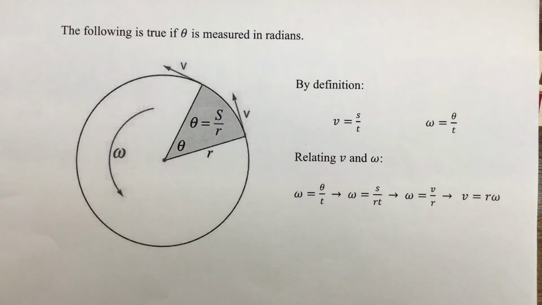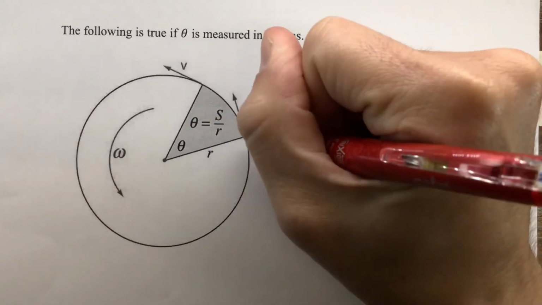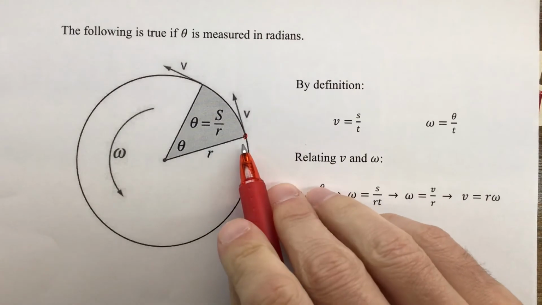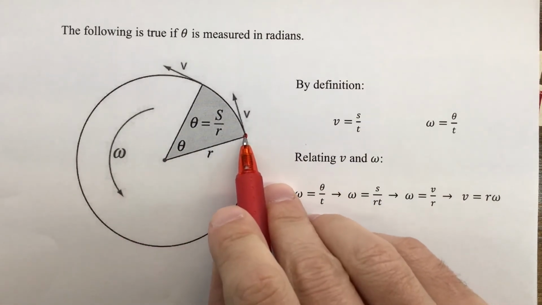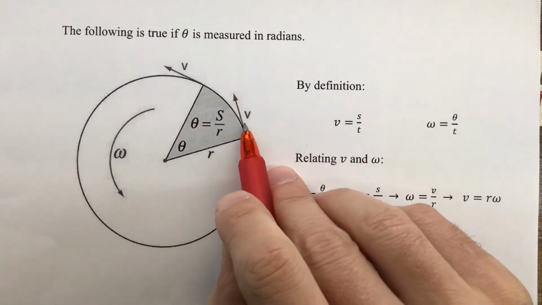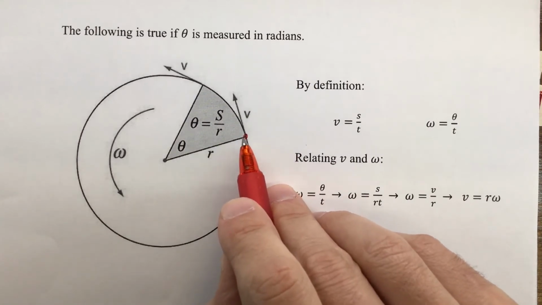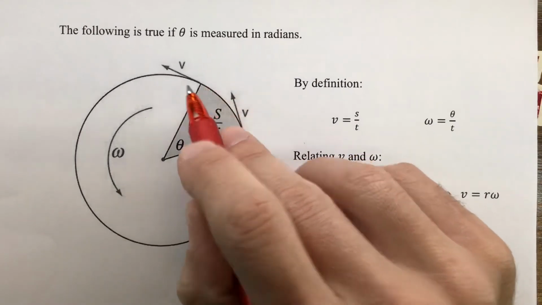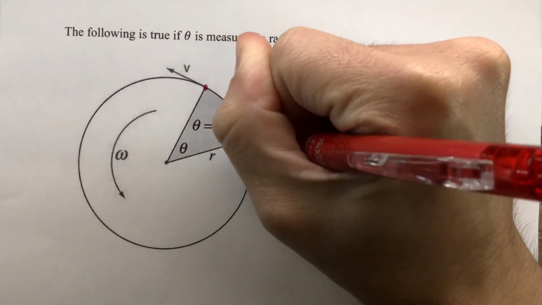Let's talk about the angular velocity first. Imagine a point on the outside of the circle, located here, and the fixed point we are moving around. We'll say it rotates in that direction because the other arrows point that way. That point may rotate from here all the way to this spot, moving along the outside of the curve, following this arc length.